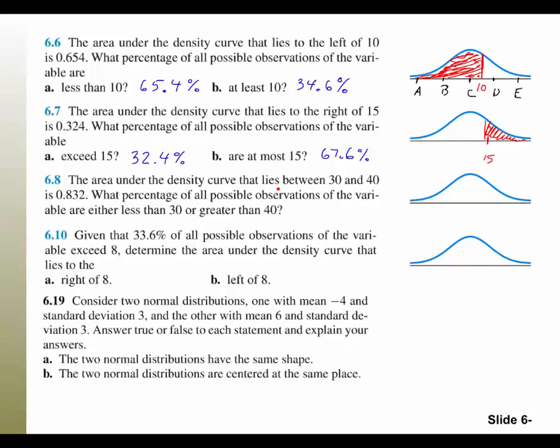Whitney? 16.8. So why 16.8? Because if the inside was 83.2%, the outside of that would equal 16.8% if you subtract it from one.